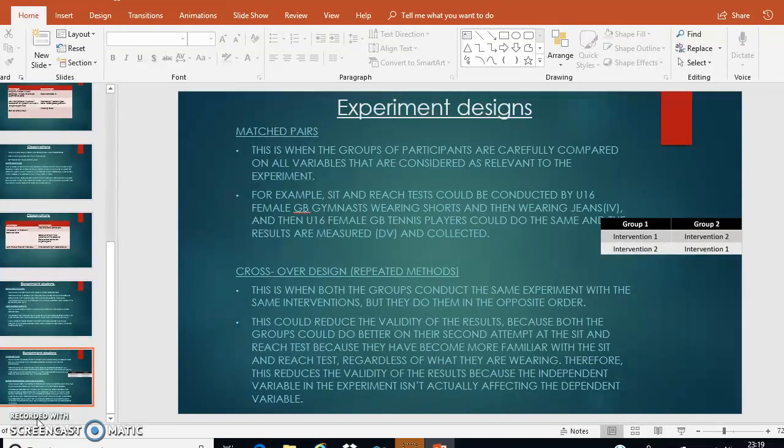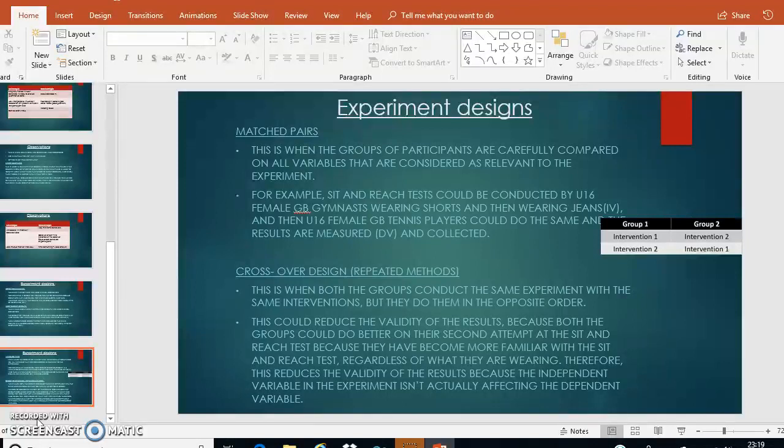There are matched pairs. So this is when, in contrast, this time, the groups of participants are carefully compared on all variables that are considered as relevant to the experiment. So, for example, sit and reach tests could be conducted by under 16 female Great British gymnasts wearing shorts and then wearing jeans. And then under 16 female Great British tennis players could do the same, and then the results are measured and collected.